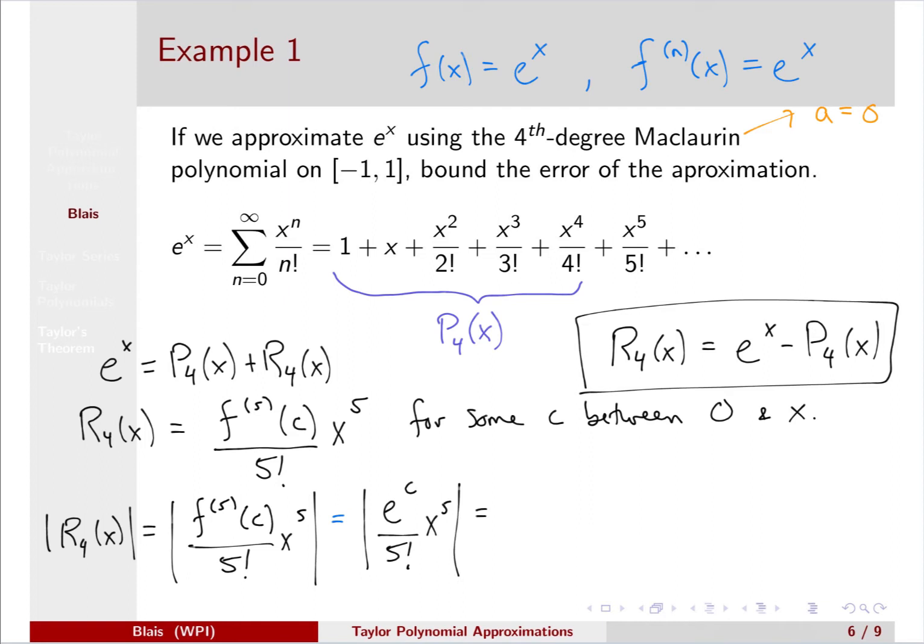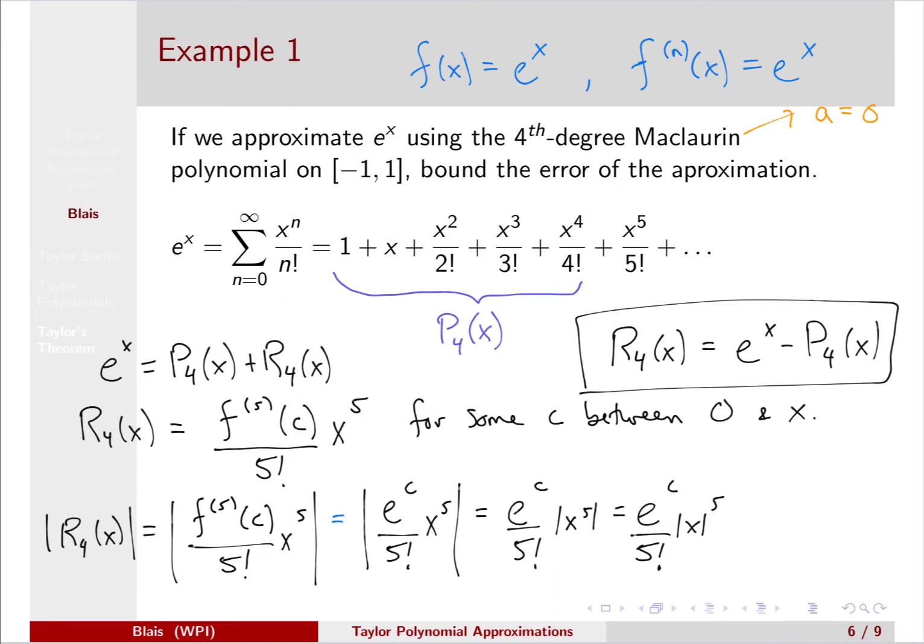Now we also note e to the c, that's a positive number. 5 factorial is a positive number. Those can come out of the absolute value sign. And we're left with the absolute value of x to the fifth, which we could also write as e to the c over 5 factorial times the absolute value of x raised to the fifth power.